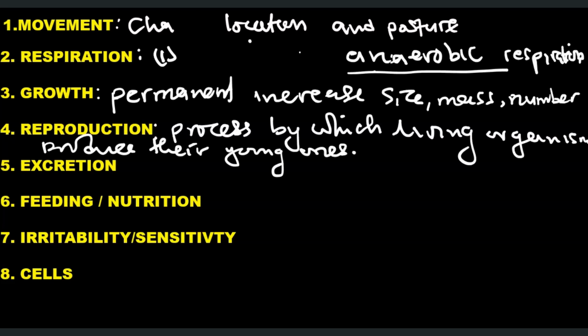So the process by which living organisms produce their young ones is called reproduction. Basically, there are two types of reproduction: sexual and asexual reproduction.